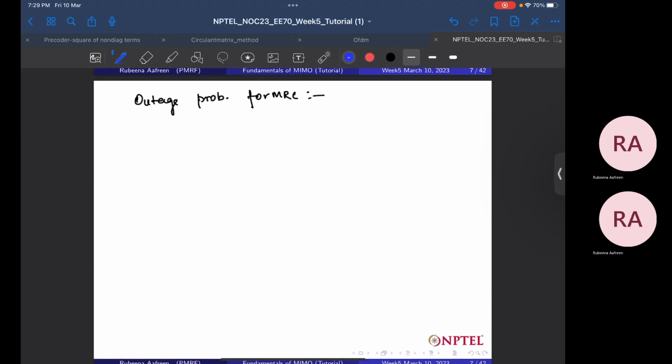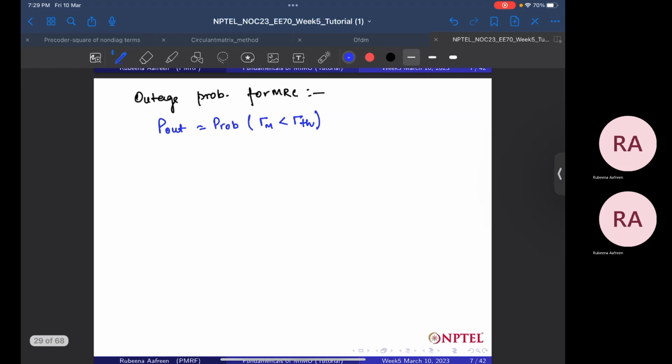After that, just one last concept is there. This is outage probability. So outage probability is the probability that this post processing SNR should be less than the threshold value.